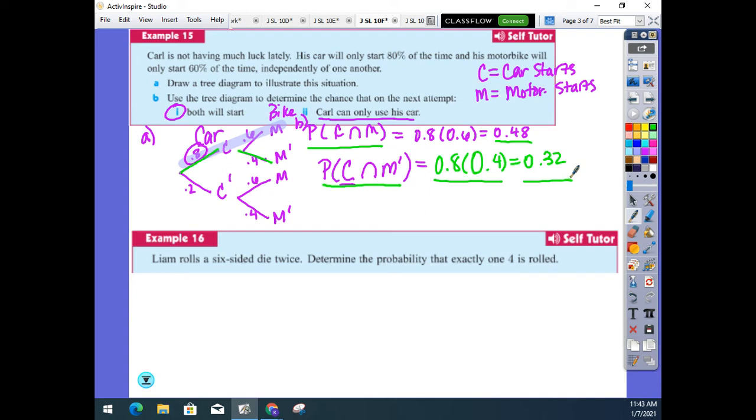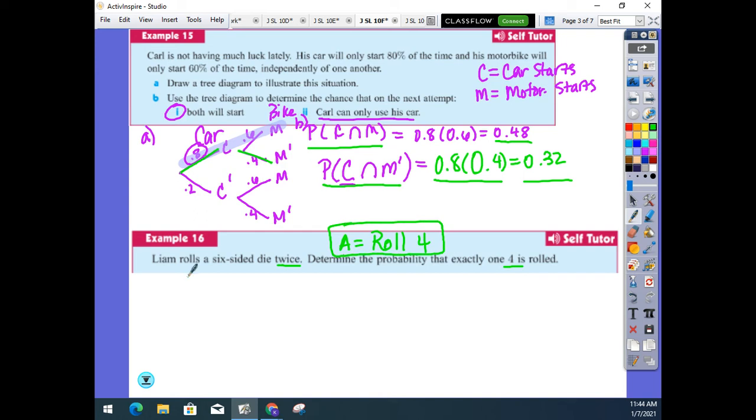All right, example 16. Liam rolls a 6-sided die twice. Determine the probability that exactly one roll is a 4. Tree diagrams are really helpful when you have two pieces involved, or something done twice. Let's call A rolling a 4. As long as you define or identify, it makes life a lot easier.